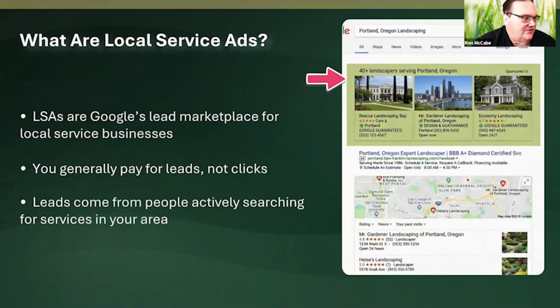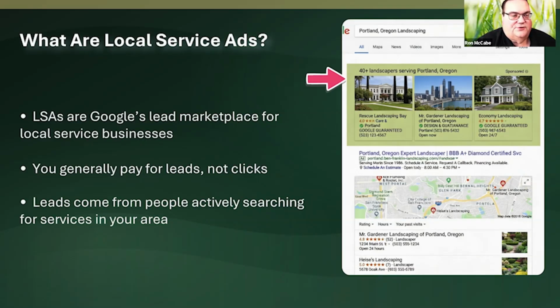So, local service ads is the most popular and it's also the easiest to set up. This is a picture of a standard search page, and the local service ads are these ads at the top in the green. And just at a really high level, the difference between local service ads and Google Ads is the control and the ease of use.